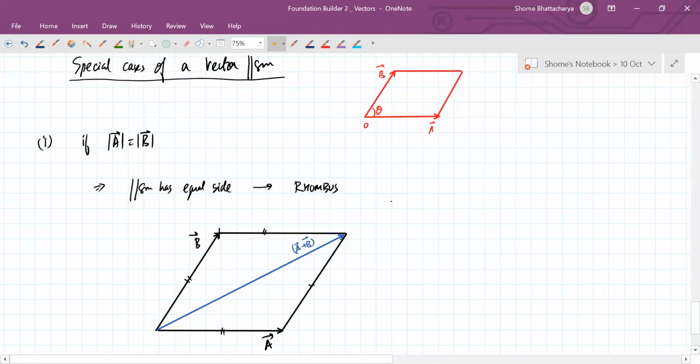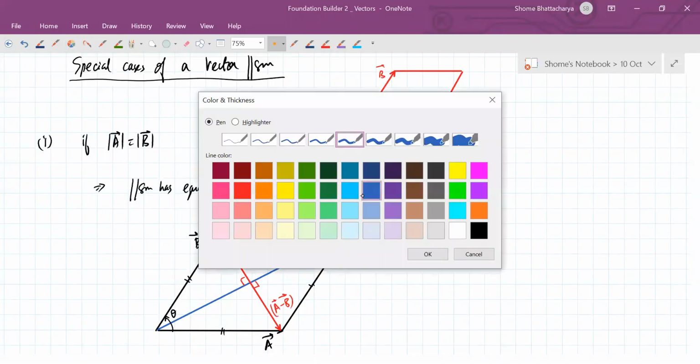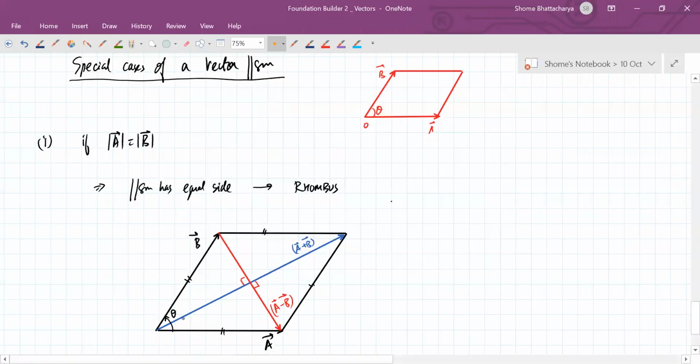One is they bisect each other perpendicularly. So this angle will become 90 automatically. And secondly, they also bisect the angles. They are angular bisectors. So this angle theta is getting bisected by this particular diagonal. So in my vector language, this angle alpha is going to become theta by 2, and this angle here beta is going to be the complement of that, or 90 minus theta by 2.